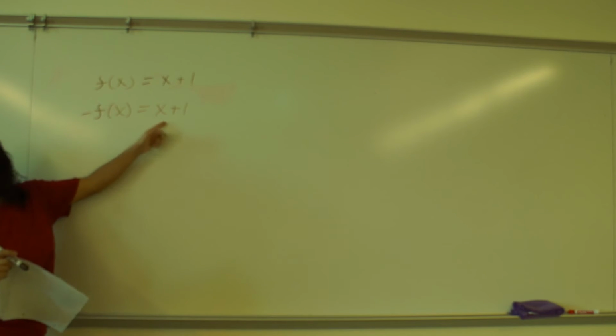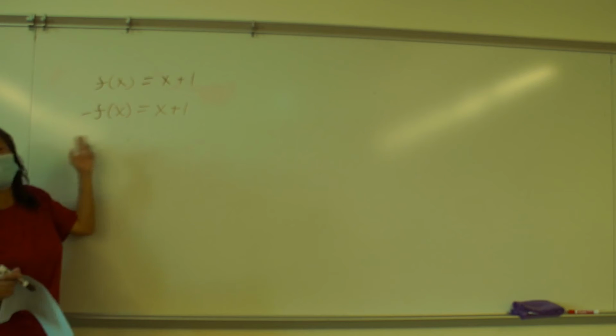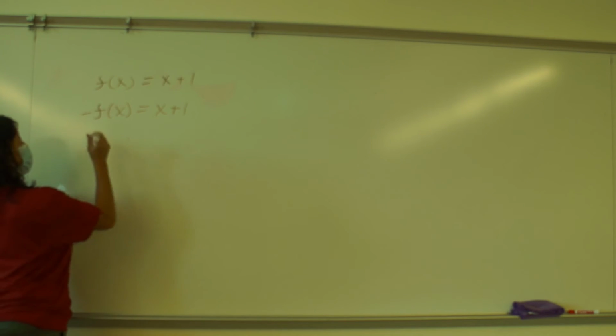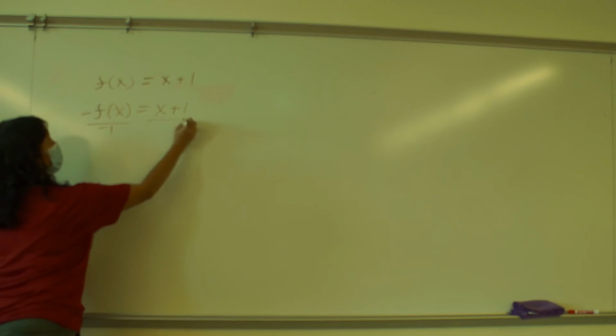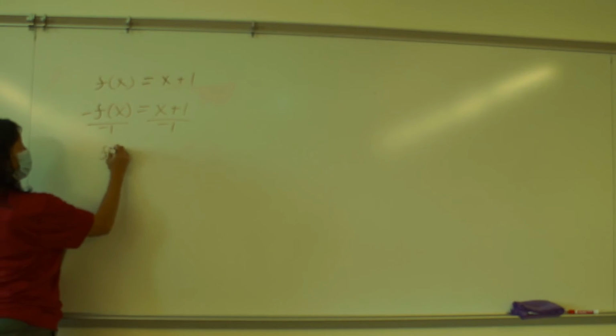I'd have to multiply both sides by, or divide by, -1. Either one. If you're comfortable with multiplying both sides by -1, you can do it that way. I think a lot of people like to divide by -1. I think they feel better doing that. So we can do that. So then I get my function.